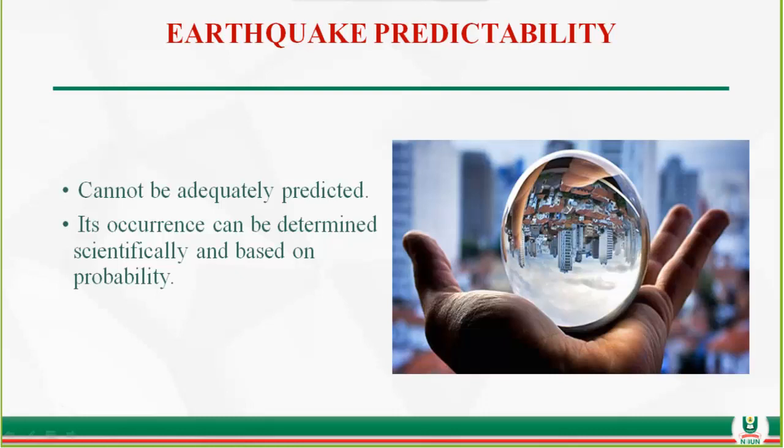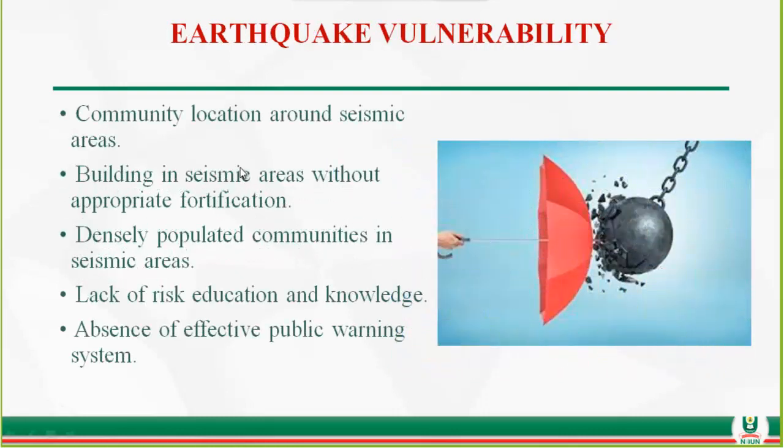All right, let's move on to the next one: vulnerability. Those who can become vulnerable to earthquake. Again, it is not different from those that we have mentioned in the case of tsunami. The location of the community, once it's around the seismic area, it is likely going to become vulnerable.